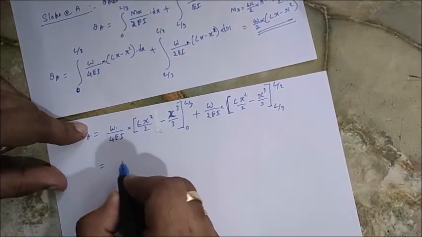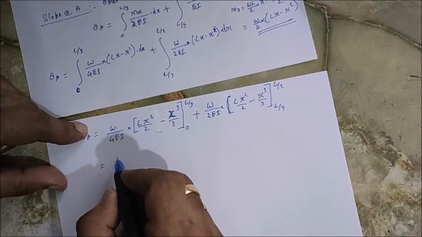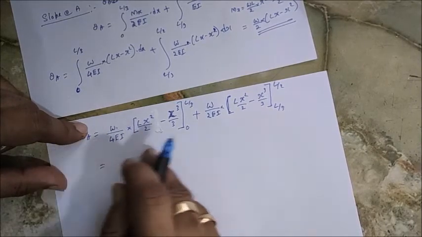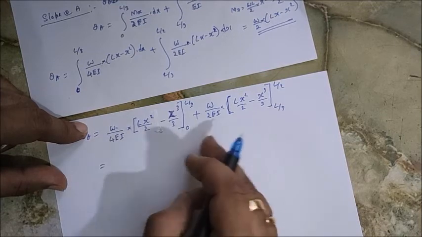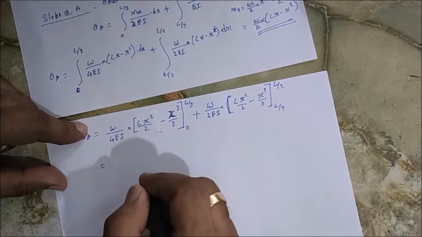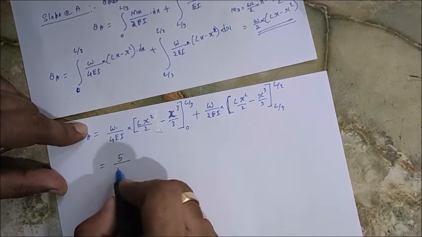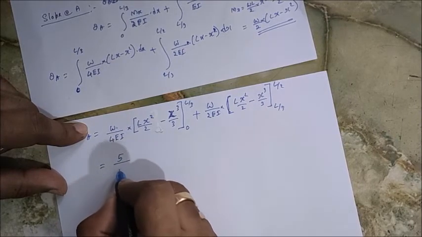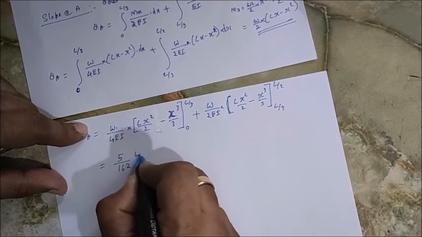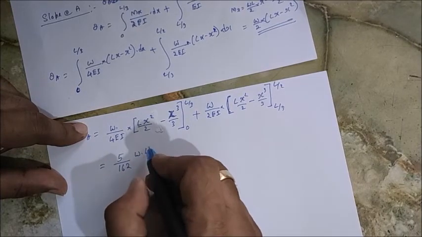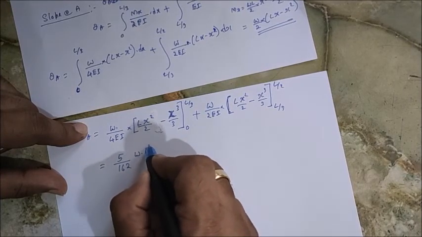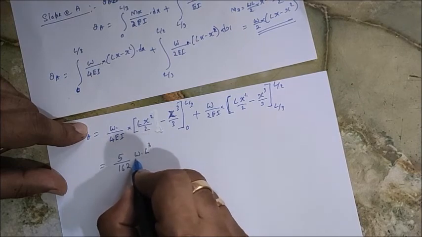Then substitute the values. I'm not going to solve completely, you can solve it. If you solve completely, what you get is 5 by 162 w cube by EI.